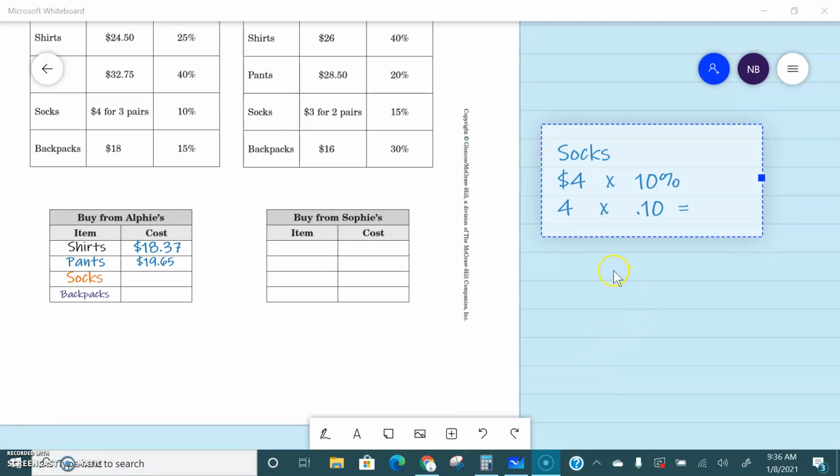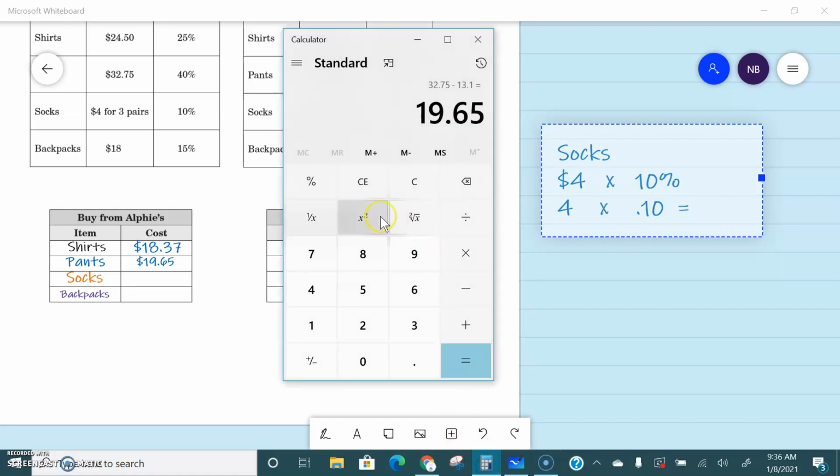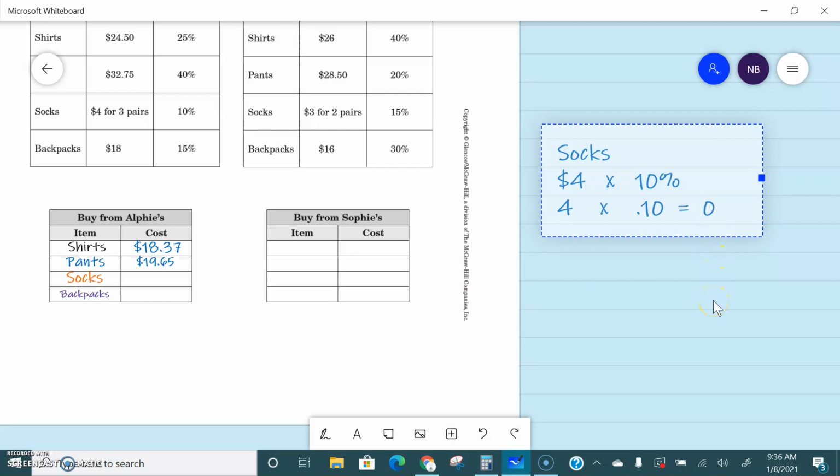Now let's do the same thing for socks and backpacks. We've got socks set up as $4 with a 10% discount. So we're going to take 4 times 0.10. We can't multiply by 10%. We have to change the percent to a decimal so we can do the calculations. And we get 0.4, which is the same thing as 40 cents.